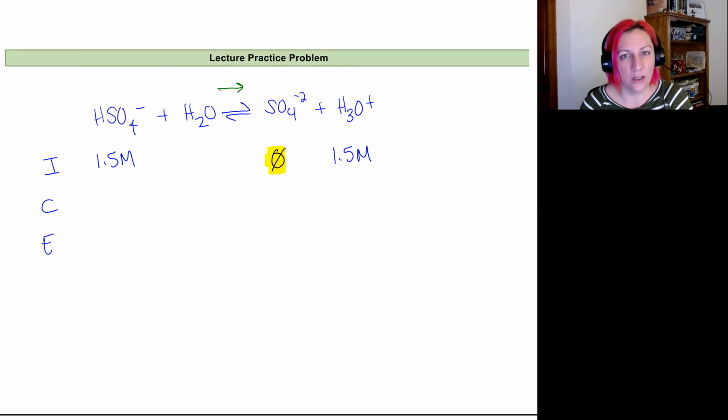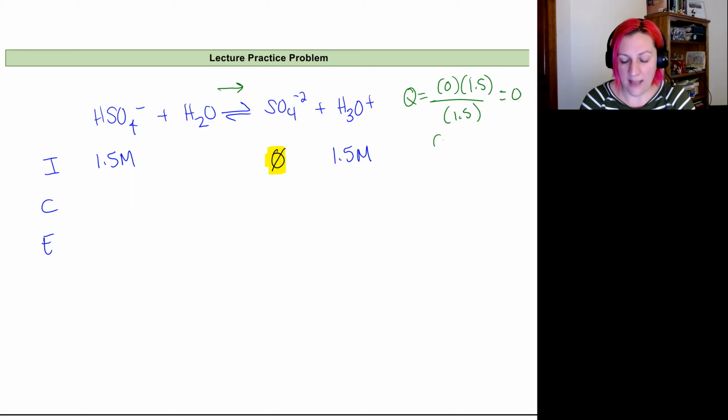Now, if you weren't sure, you can figure this out by calculating Q. So Q would be equal to 0 times 1.5 divided by 1.5, which would equal 0. And that Q value is going to be less than K, so it's going to proceed to our products.